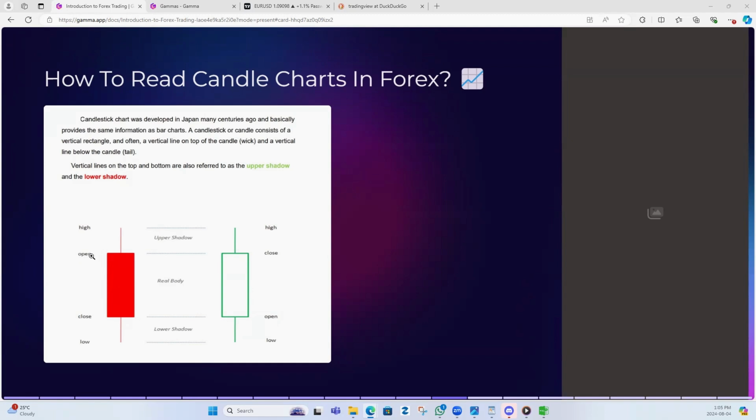So what happened when price opened at this price point, for instance, price opened at $10, then price went all the way up to $15. But after going to $15, price started going to $5, right? And it also went down to $3. So there's a movement from $15 to $3.